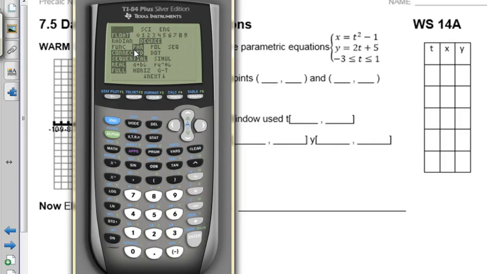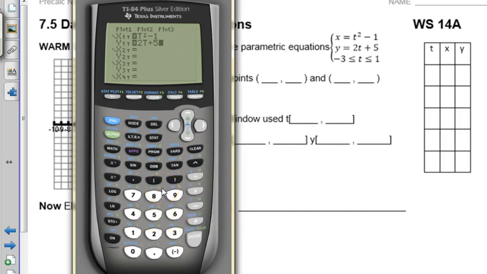For this question, it wouldn't matter. Okay, then I go to y equals, and I do what? What's the x rule? T, square it, and then subtract 1. And the y rule? 2t plus 5.